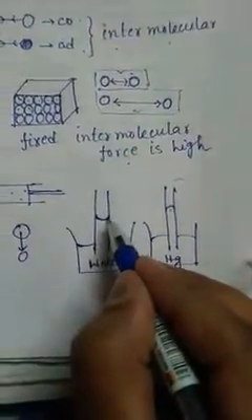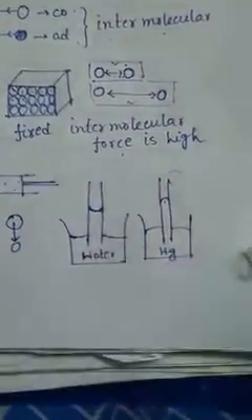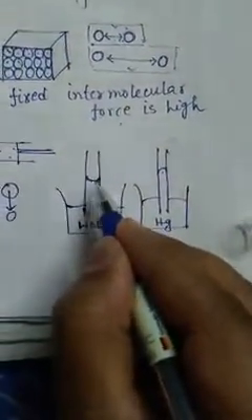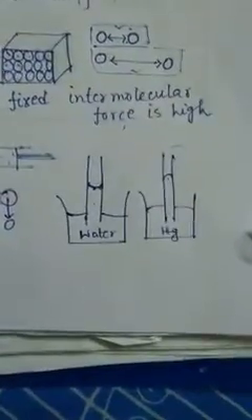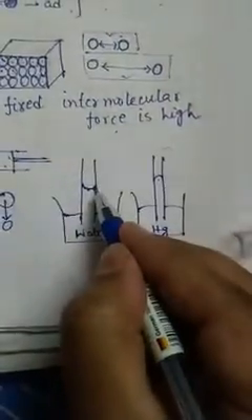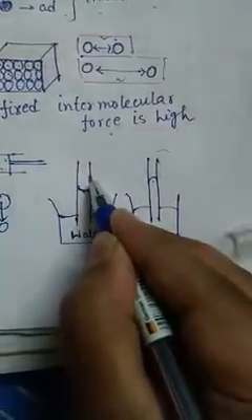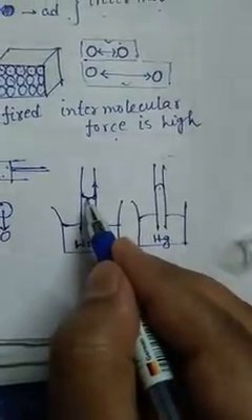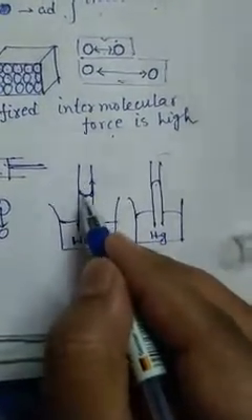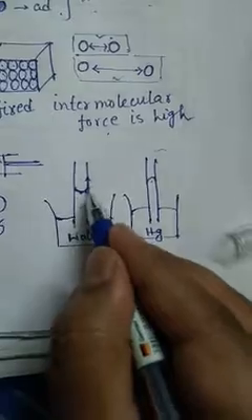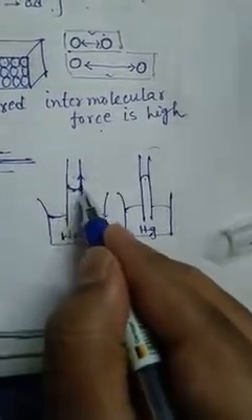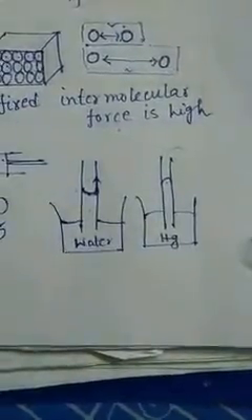Okay, so why is this happening? Basically, the force of adhesion. The force of adhesion is greater here than the force of cohesion. As the force of adhesion is greater, it is pulling the water up. And as the force of cohesion is not strong enough, it is not going up with the water adjacent to the wall of the container.